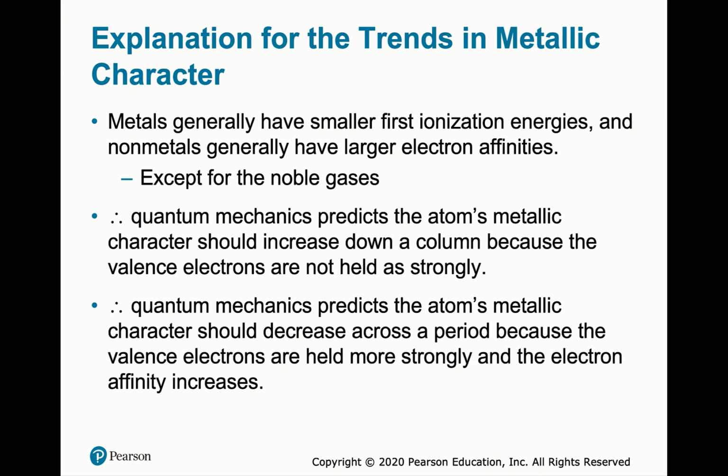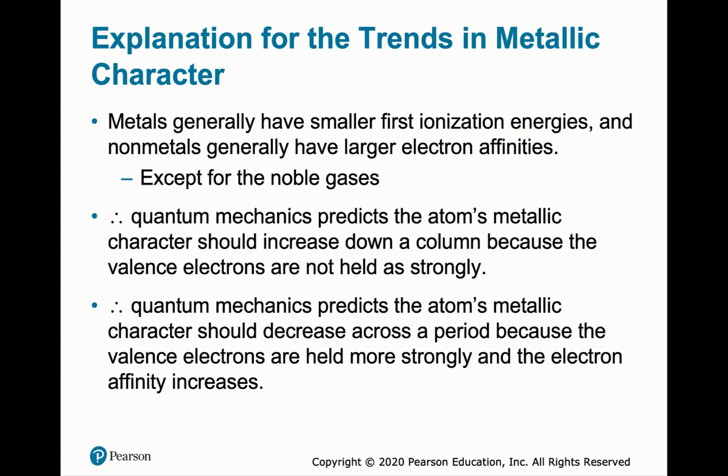Generally speaking, metals tend to have smaller first ionization energies, except for noble gases. Maybe if we keep on discovering more elements, there may be noble gas elements that are metals.